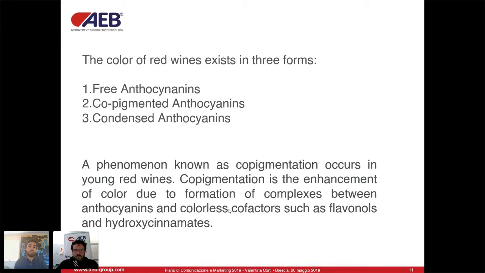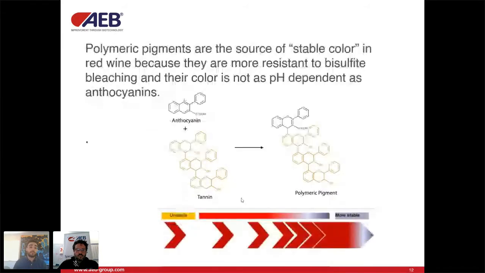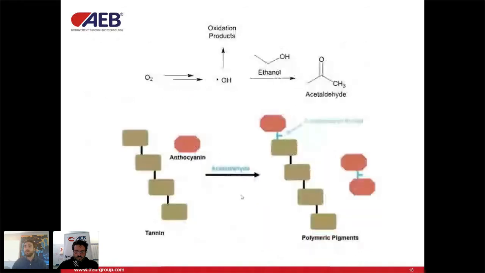However, the copigmented anthocyanin is not the most stable form of color in wine. The most stable form is the polymeric pigment that is created between an anthocyanin and polymeric tannins. And this binding is not happening by itself, but it's happening through an acetaldehyde bridge.